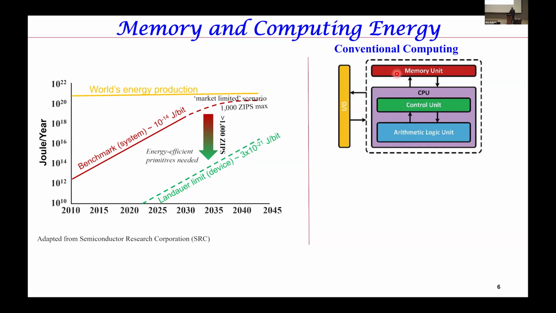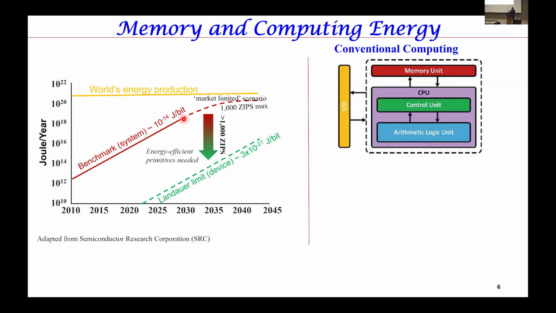To the point now that the semiconductor industry is projecting that if nothing is done, almost all the energy of the world will be consumed just by electronic technologies. So it's not a sustainable future.